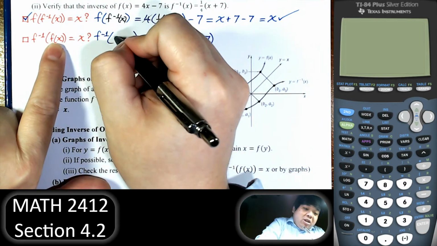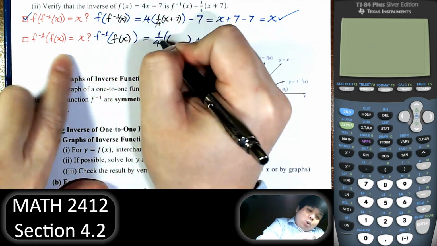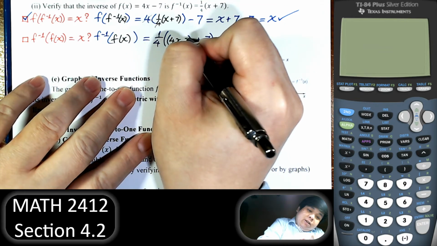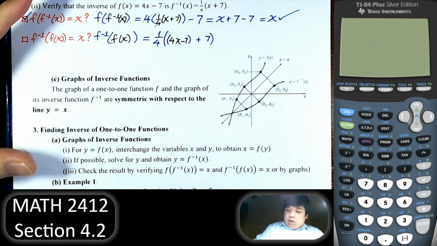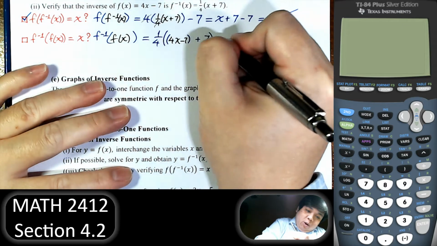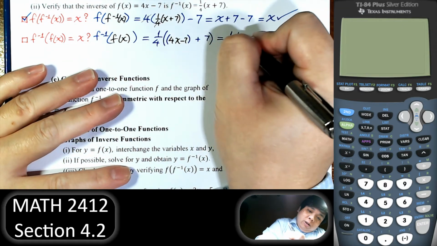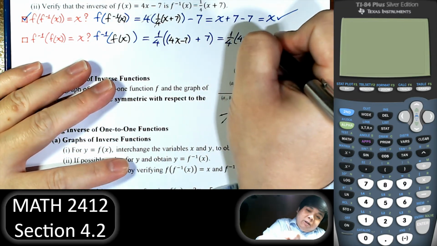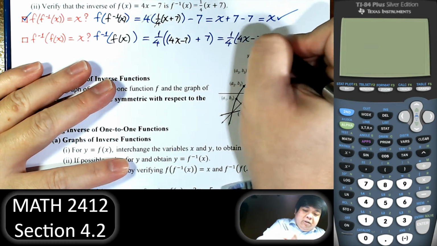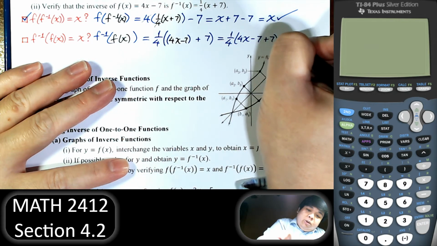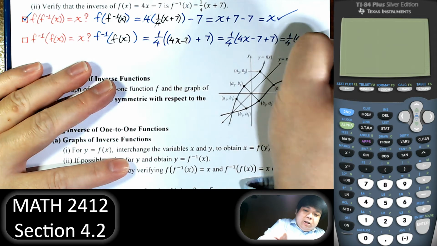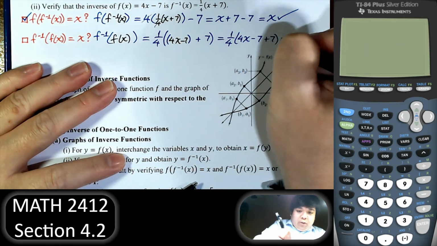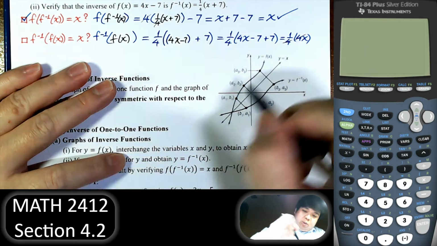Now in the parentheses is f of x, which is 4x minus 7. So we have 1/4 times 4x minus 7 plus 7. The 7s cancel out. 1/4 times 4x, 4 and 4 cancel out. We just have x.